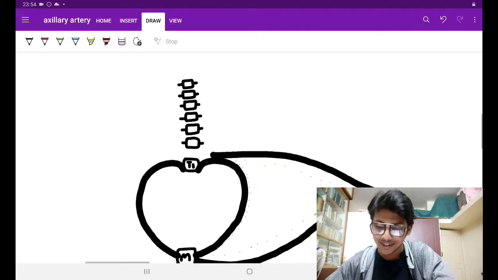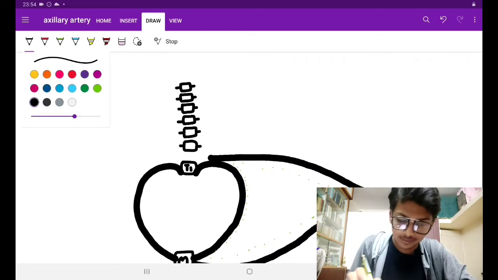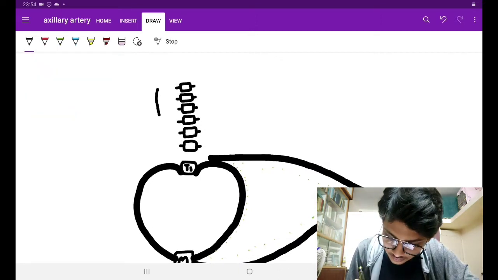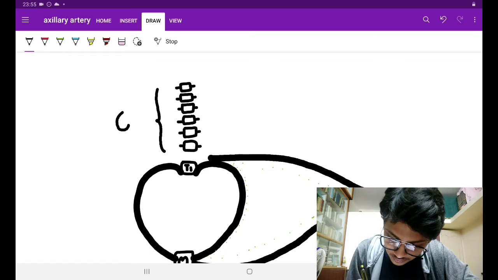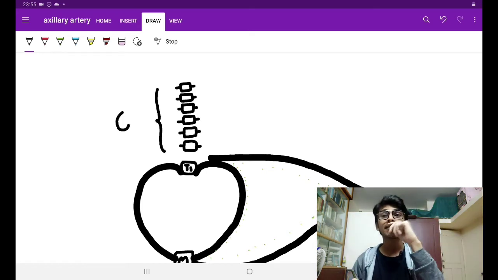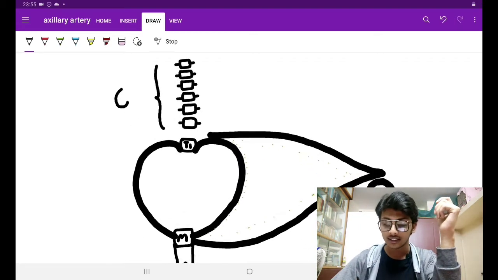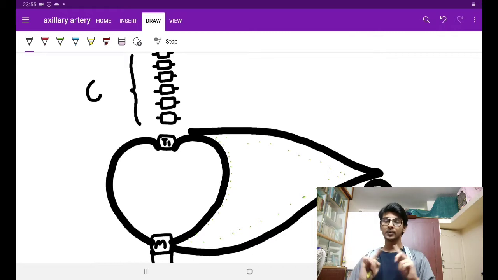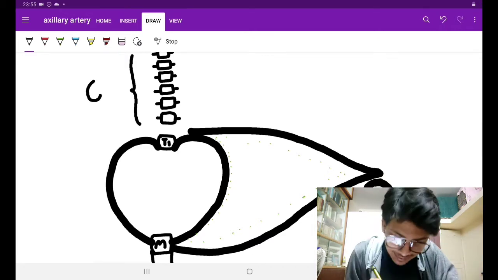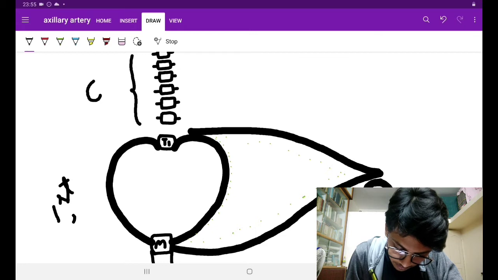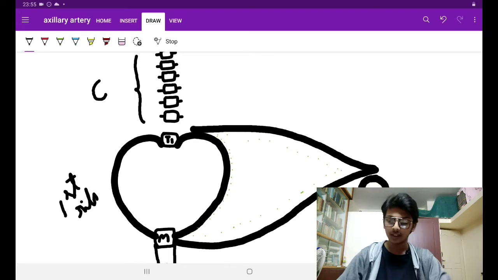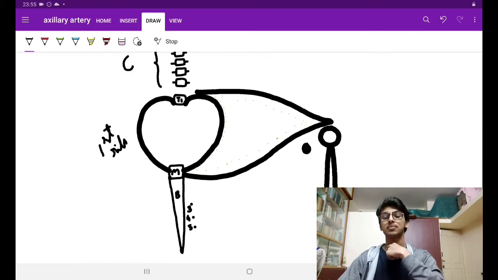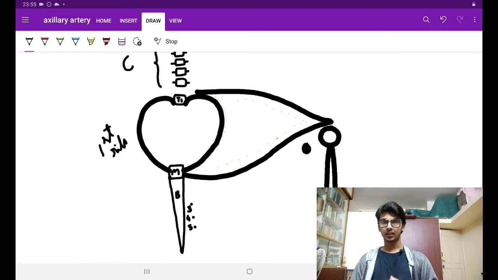This here is the cervical vertebra, and the T1 which I have written here is the first thoracic vertebra, and something like this forming a heart shape, that is the first ribs on both sides. Then the sternum is the vertical bone, isn't it? So manubrium sterni, sternal angle, then the body of sternum.